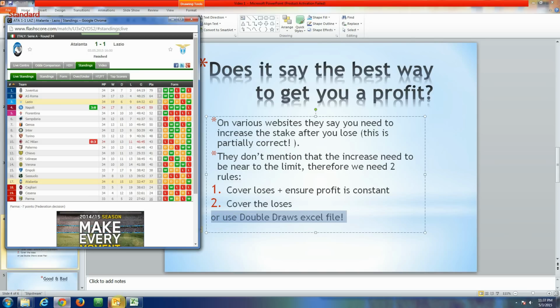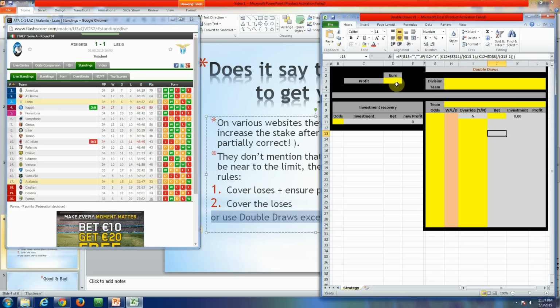And coming back to the file, this is the file. You can fill up only the cells that are yellow or this color. So say you pick up a team from First League Italy. I will pick Palermo.